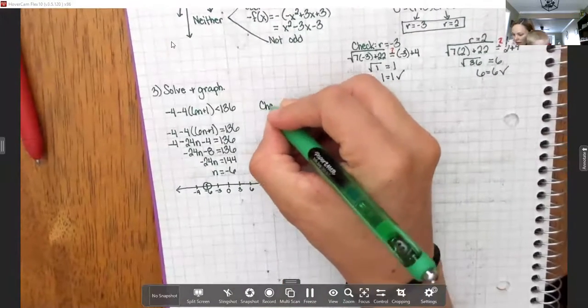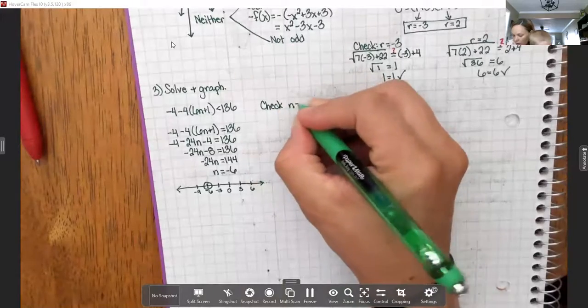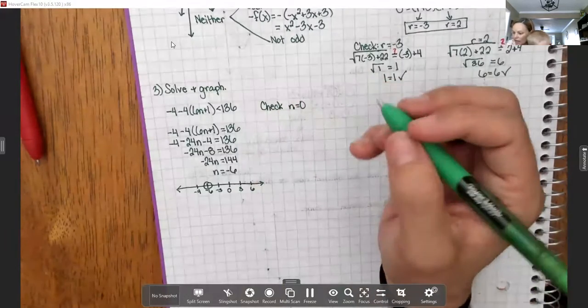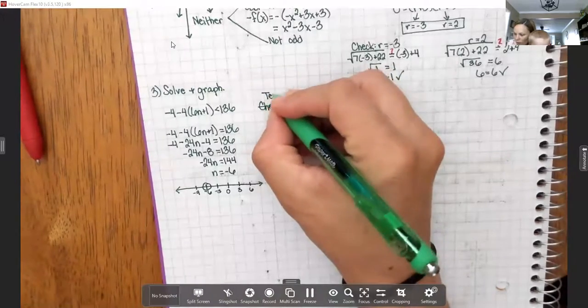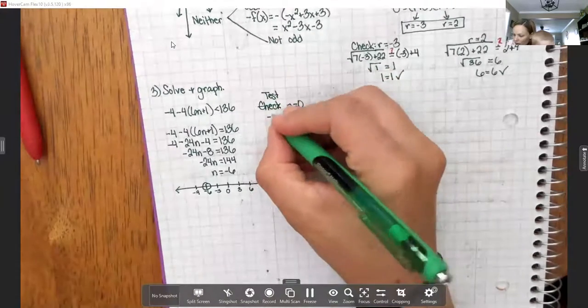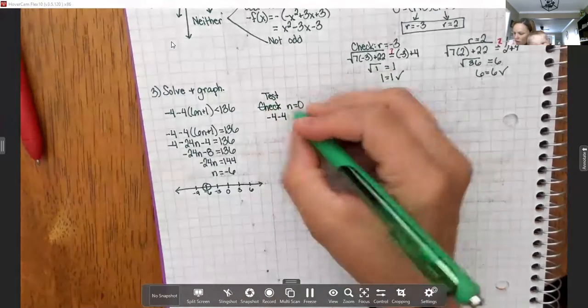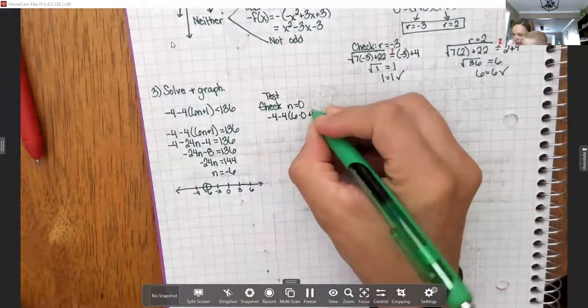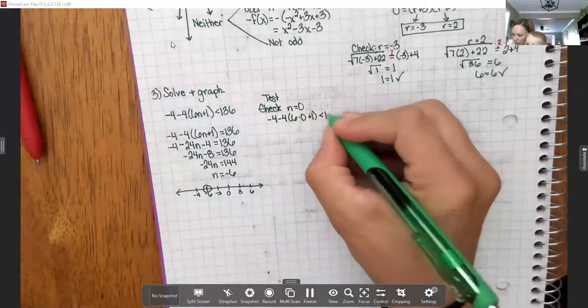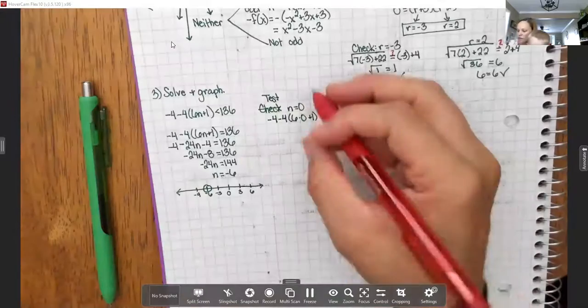So if I check n equals 0, or test it, I should say, I have -4 minus 4 times 6 times 0 plus 1. Is that less than 136?